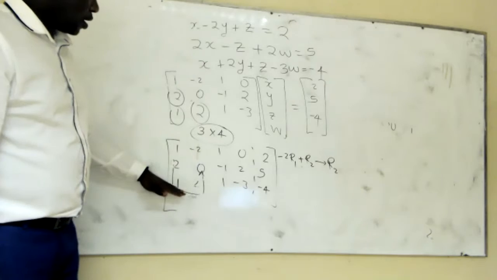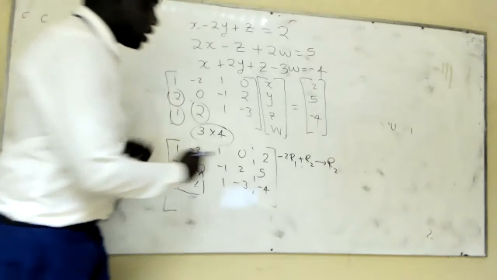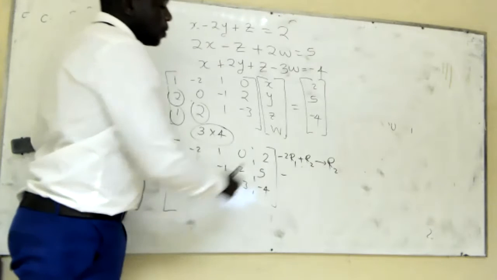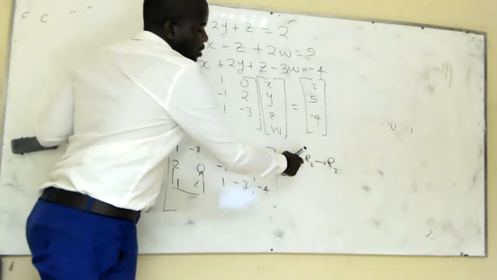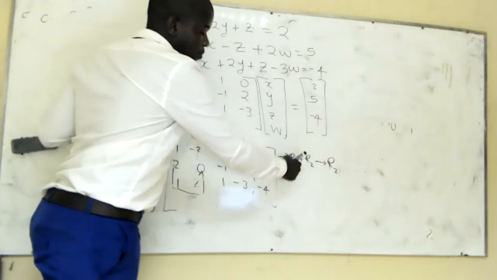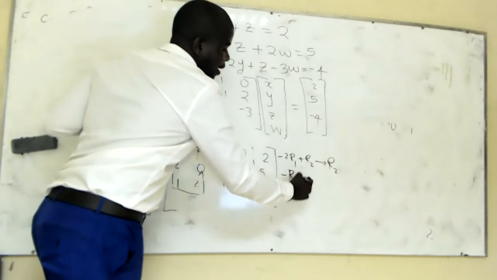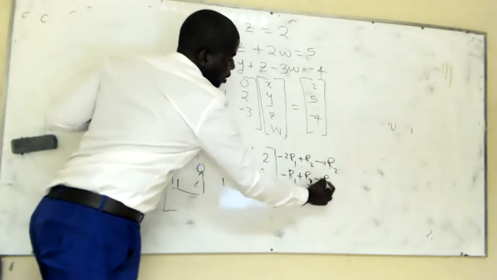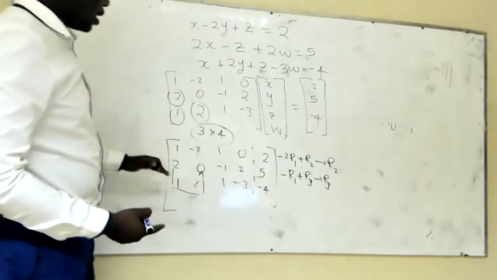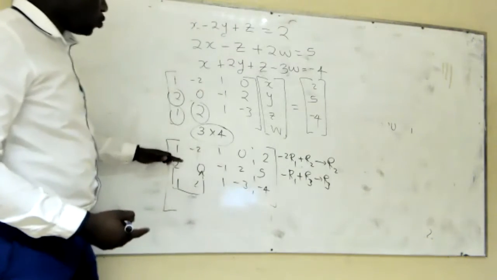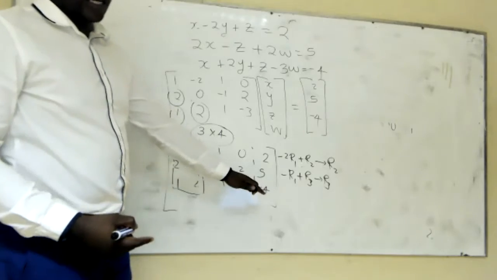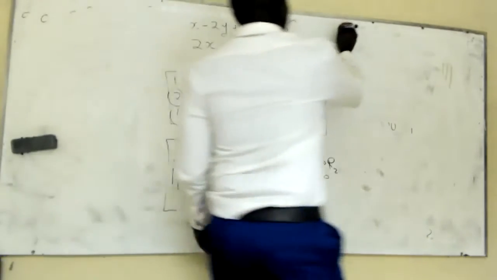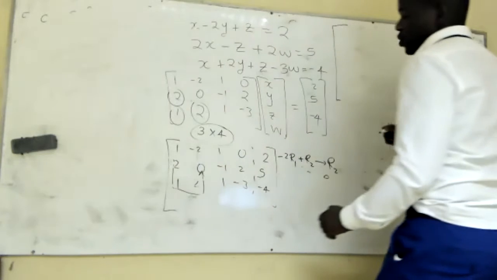We write it as negative because here we have to have positive at all times. So you can play around with this, but here you must have a positive at all times. So it's negative row 1 and then plus row 3. But as you said, let's first write the new row 2 and then we'll go to row 3. That is okay. So we're going to do that next. Now let's see what we have.